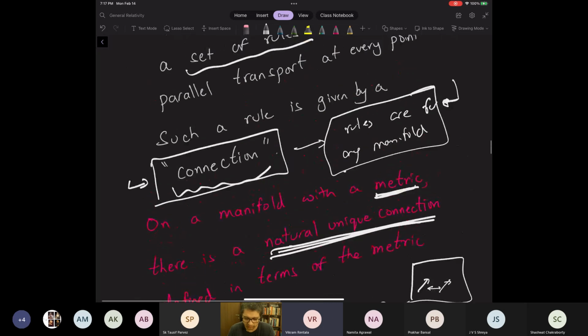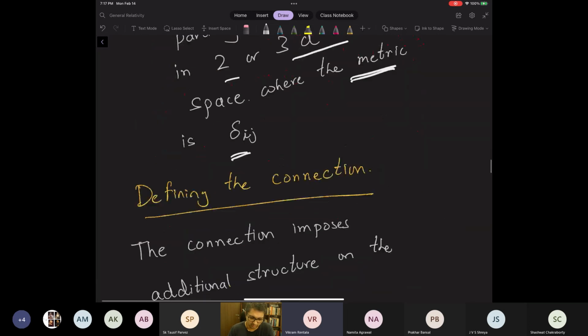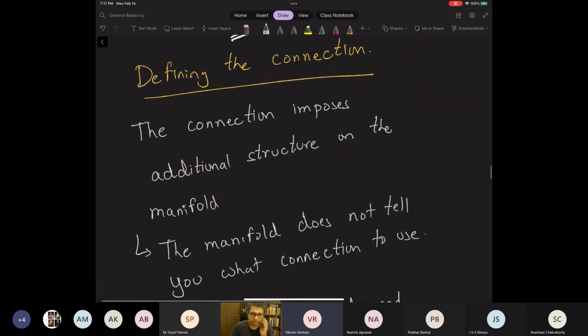But in general, if there's no metric on the manifold, you need to prescribe those rules. The rules are not part of the manifold itself. So these additional rules need to be supplied to describe how to parallelly transport a vector, and therefore how to take directional derivatives of vector fields. So let me define now the idea of a connection.